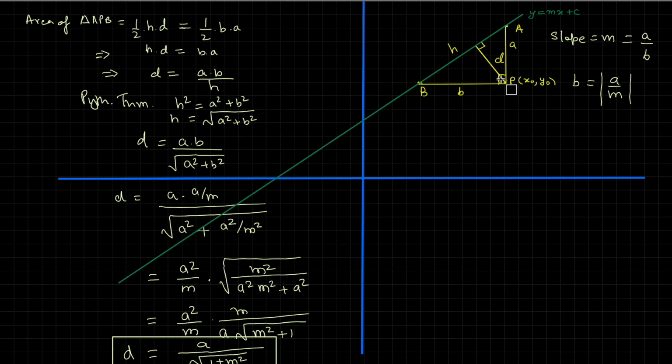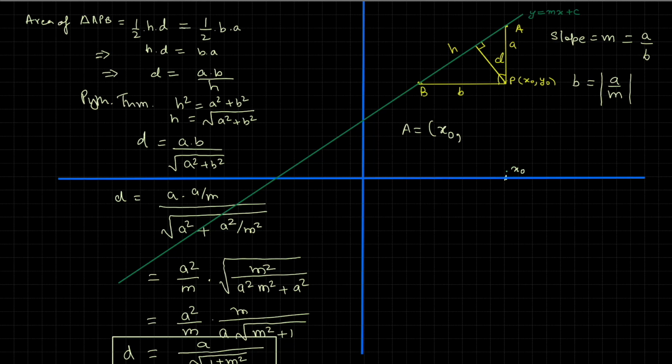step will be to find the value of a. We already know the coordinates of P, x0, y0. So let's see if we can write the coordinates of A. The x coordinate of A will be the same as x0 because A and P lie on the same vertical line. This is x0 on the number line.